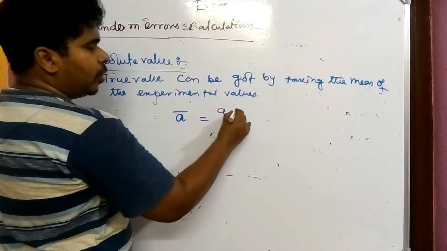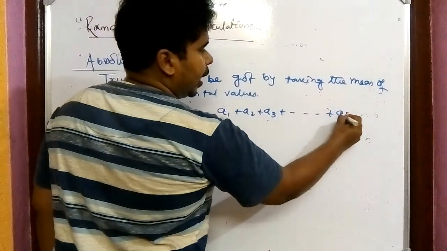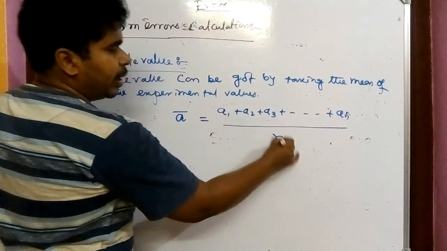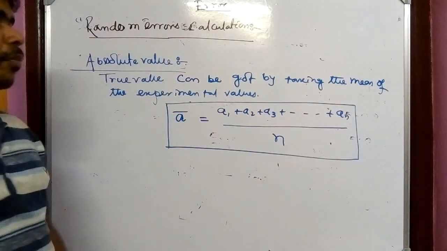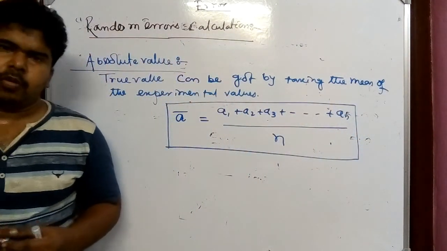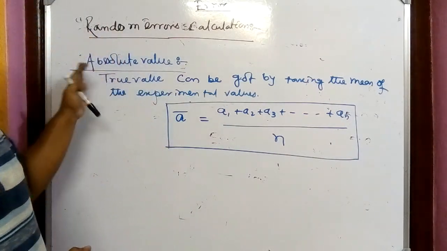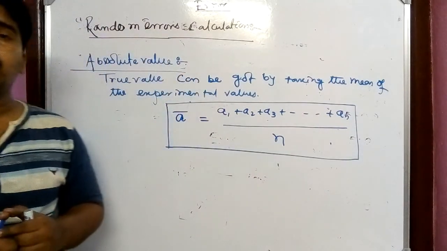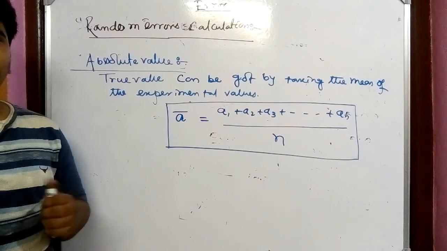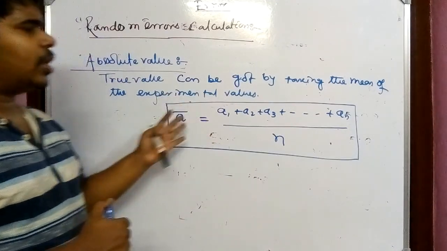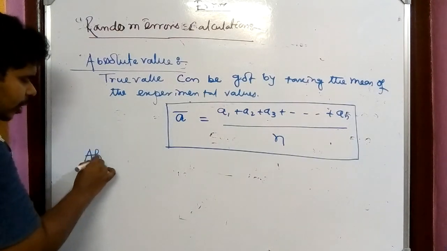That should be A1 plus A2 plus A3 plus up to AN, divided by N. Whenever we take an average or mean, we will get almost the correct value, and by that we can get the absolute value. So A bar is known as the absolute value. Once we have got that absolute value, next we will go for absolute error.